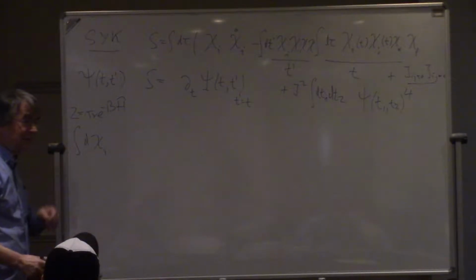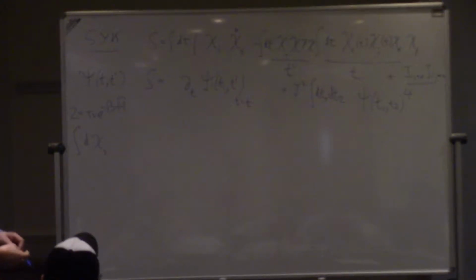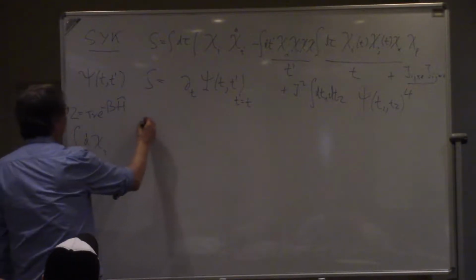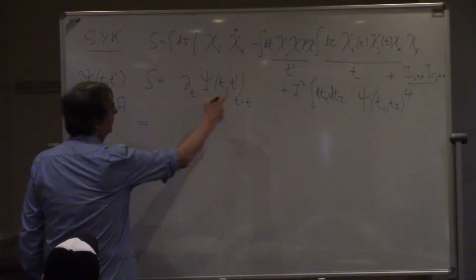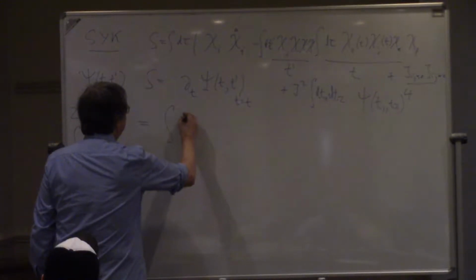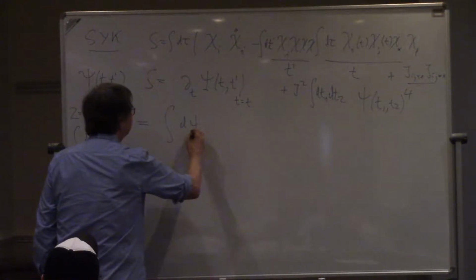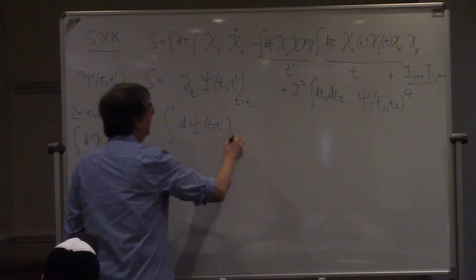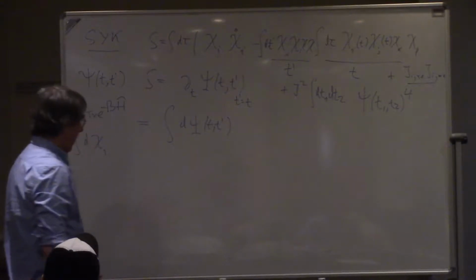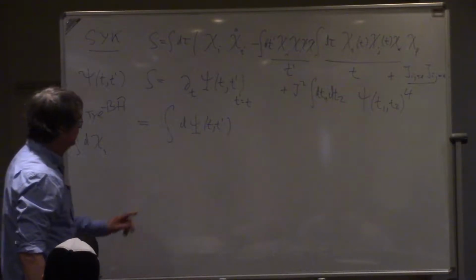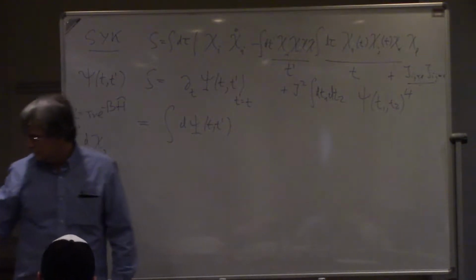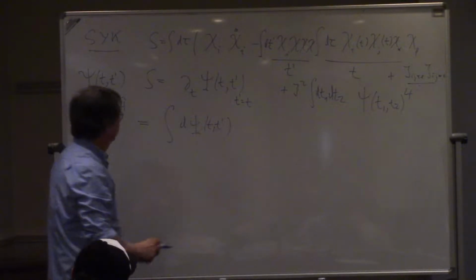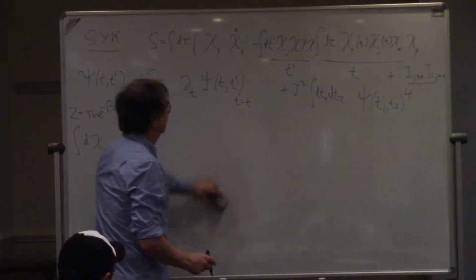But there is a statement which is actually easy to prove, that this partition function can equivalently be written in terms of this variable psi, which is the bilocal, but with a new action. And that is what we call the collective action.